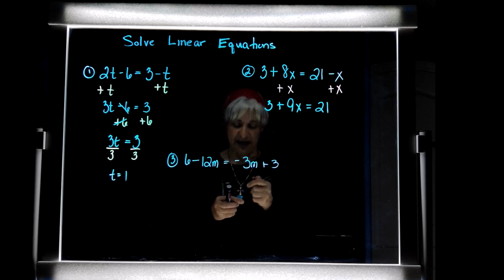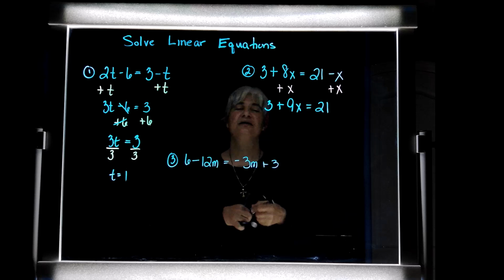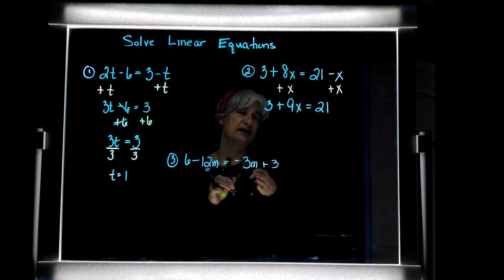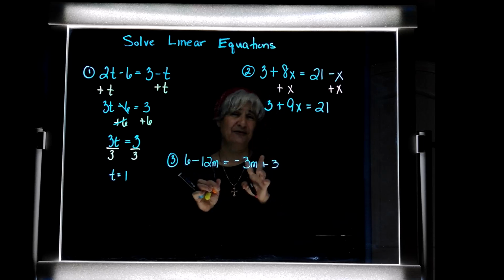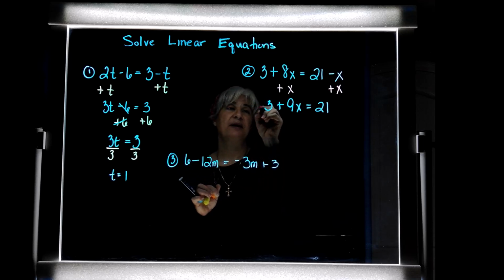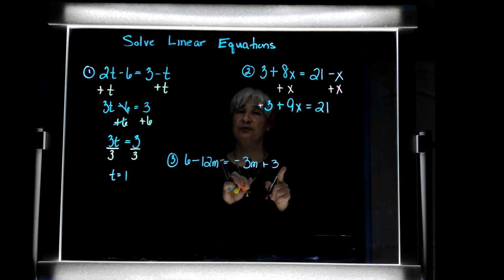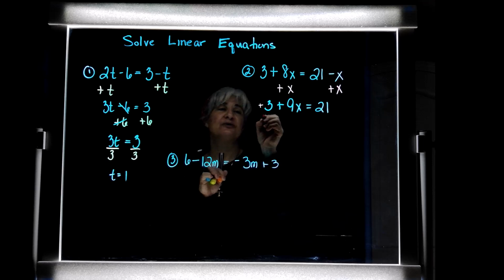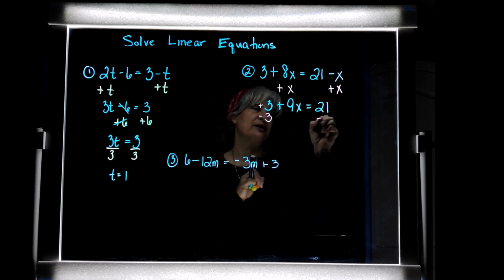Good? And again, this is an equation we're used to seeing. And now that the x's are on one side, I've got to get rid of that 3. Agreed? Because it doesn't have an x. So remember, there's an imaginary positive in front of the 3. So to break off a positive 3, you're going to use a negative 3, just on the left side and the right side as well.